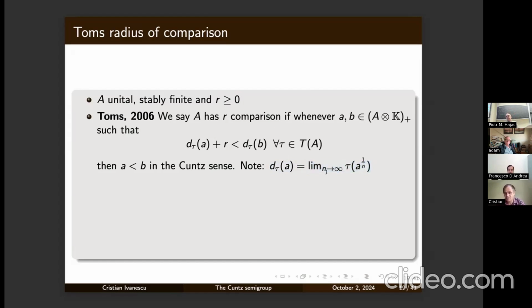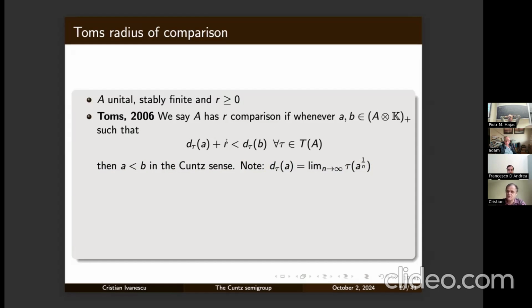Now, what happens in the more complicated settings, and by that I mean when the algebras A are more complicated, is that you have various ways to define the rank. And d_tau of B is going to actually be an example of a rank. So in a sense, the more complicated the algebra, the more versions of the rank of a matrix you have. And now what you want is to compare them, and the rank of A being less than the rank of B doesn't imply that A is less than B. It turns out that you can do that if you can add some gap.